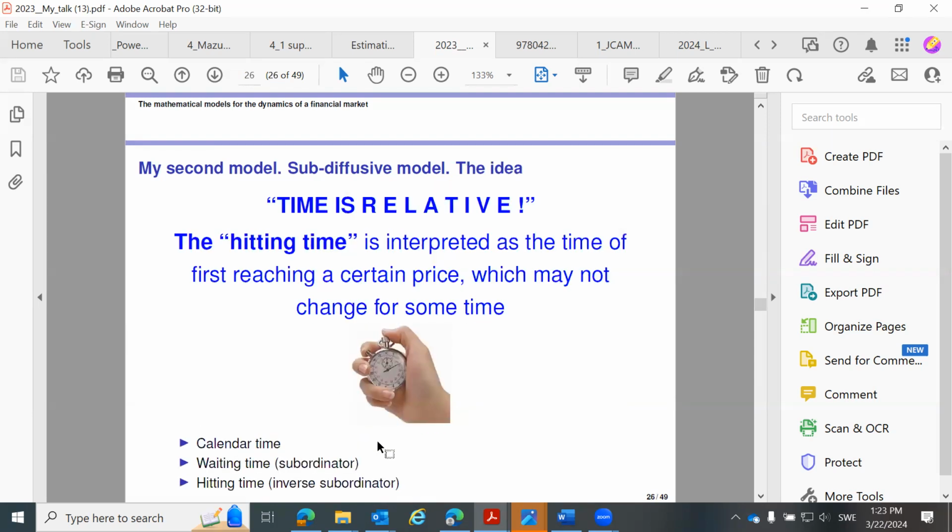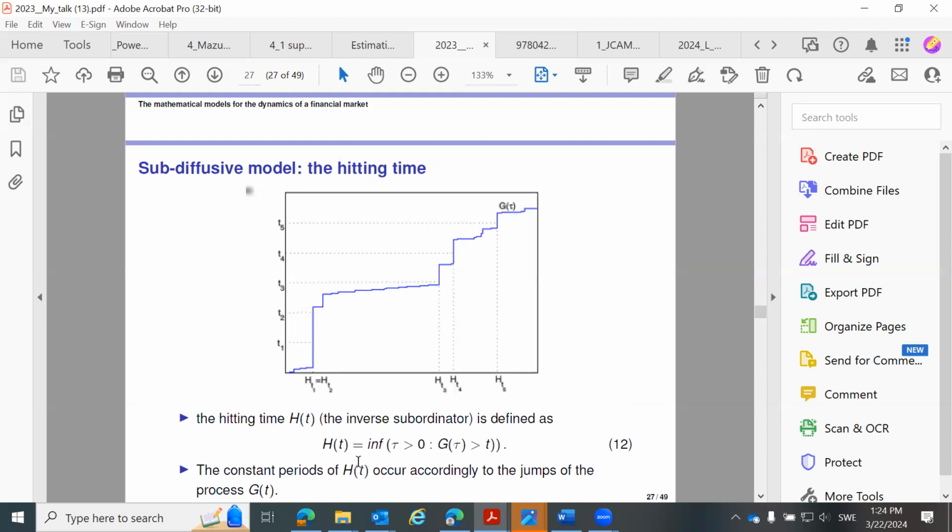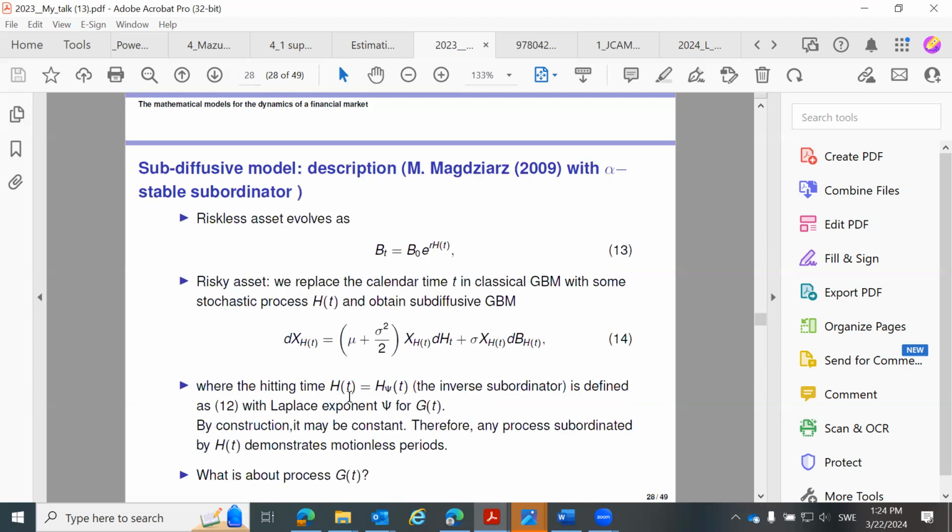So in this model, we have waiting time and hitting time of a subordinator, and it is like the first time when some process achieves the calendar time t.